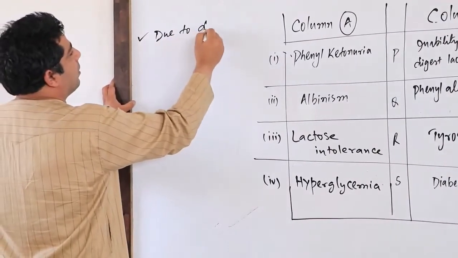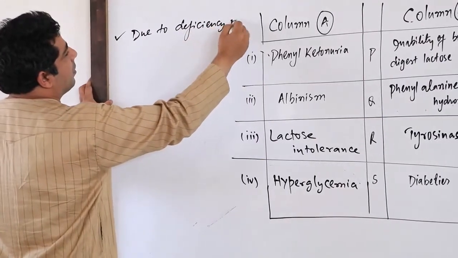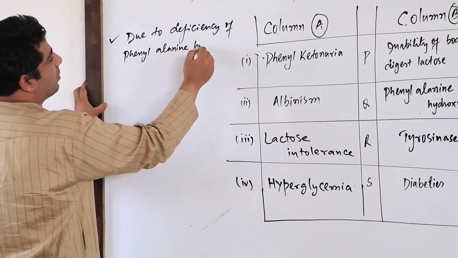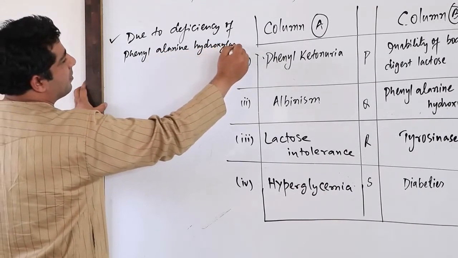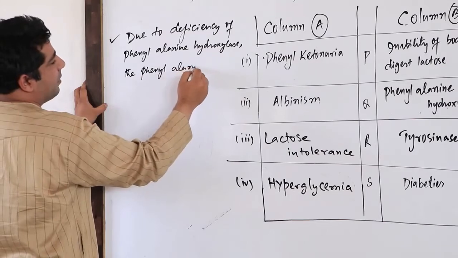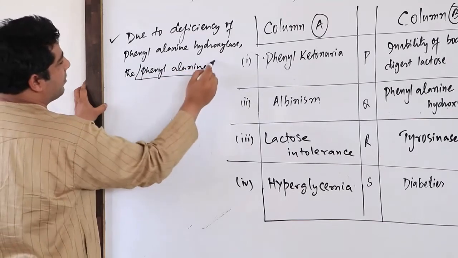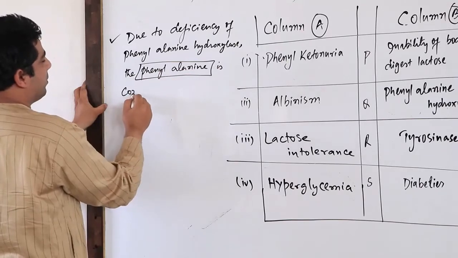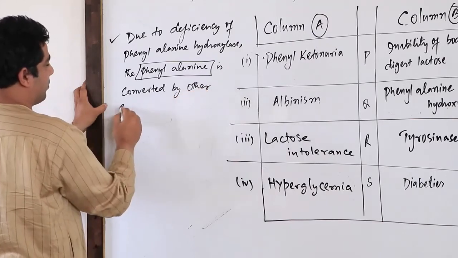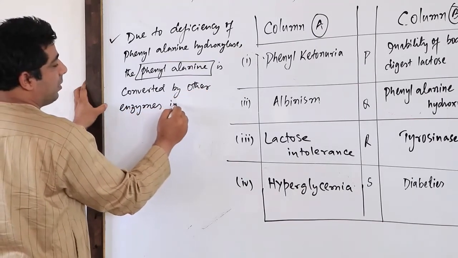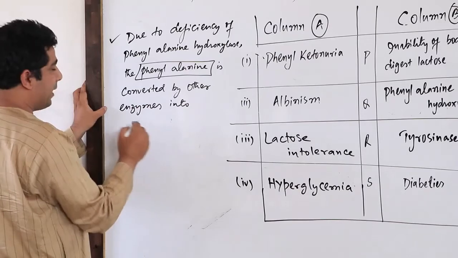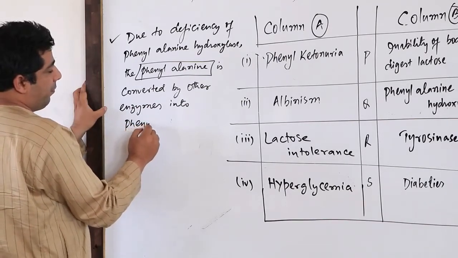Due to deficiency of phenylalanine hydroxylase, the phenylalanine amino acid is converted by other enzymes into one more compound, we can say, that's called phenylpyruvate.